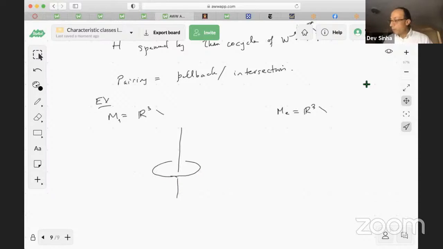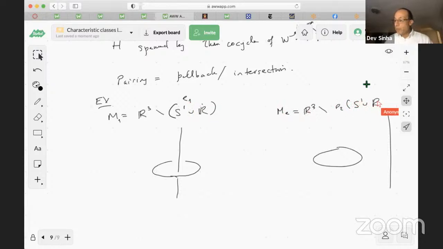I had them in different orders before, but anyways, here's this and this. So I'm going to take away an S1 union R in two different ways. I guess I should say E1 of S1 union R and E2 of S1 union R. And I'm just picturing what E1 and E2 are. And so what are the homology classes and cohomology classes?